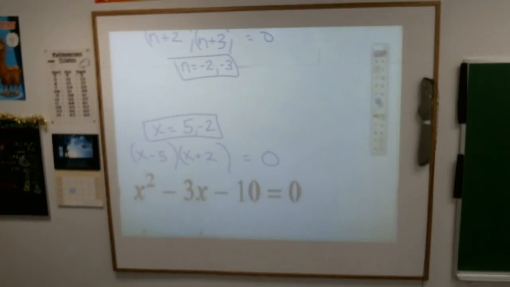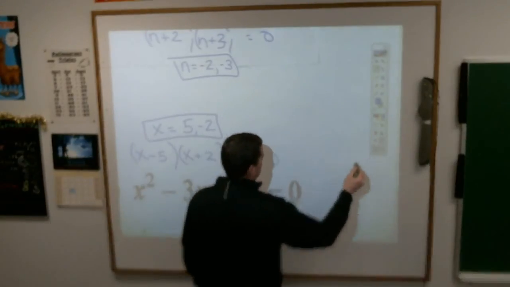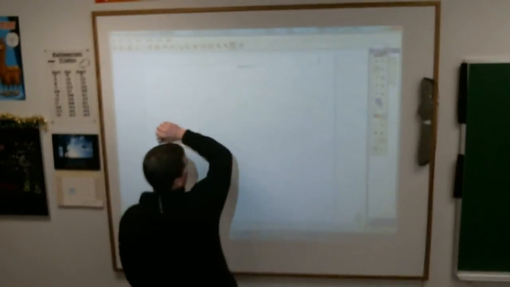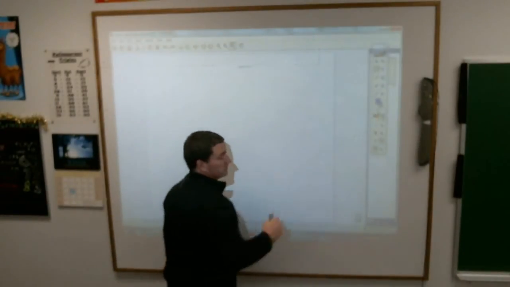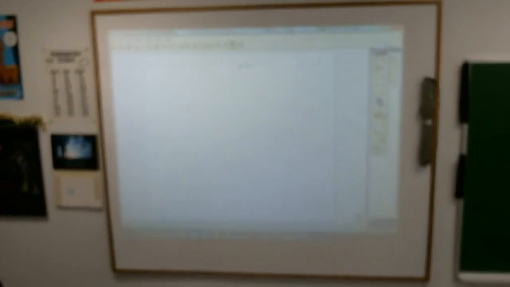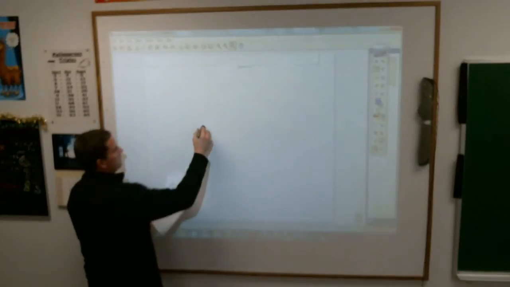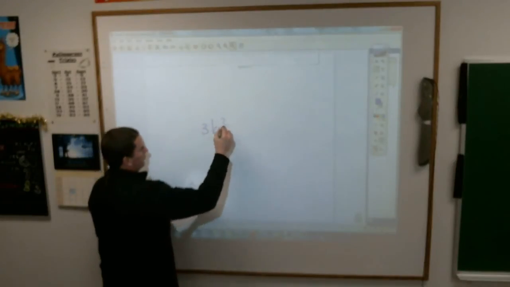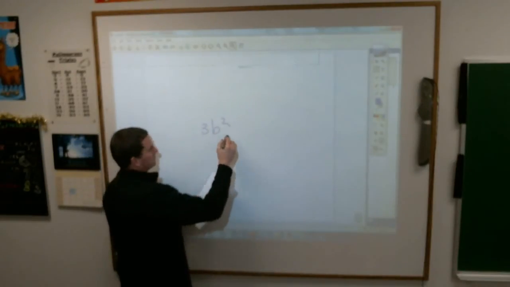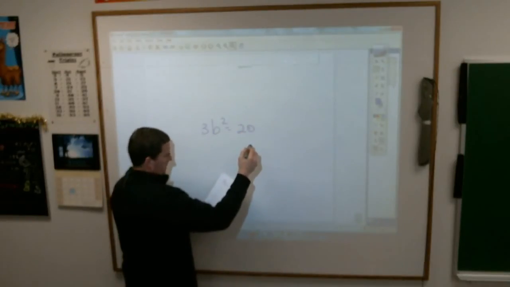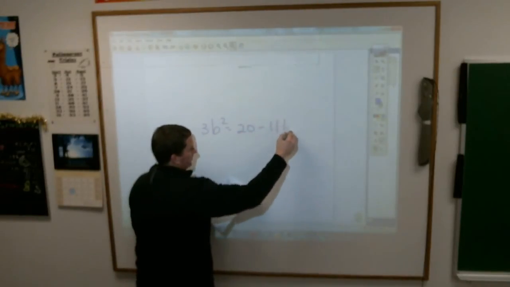Take a look on the sheet I just gave you at problem number 15, please, which I know will scare and frighten you. Which number did I say? 15. 3b squared equals 20 minus 11b.